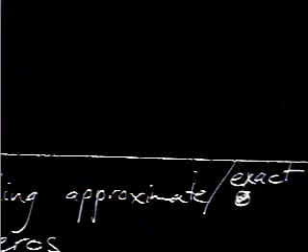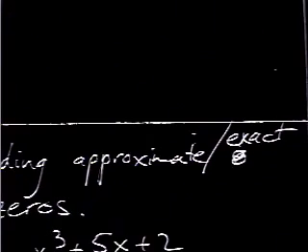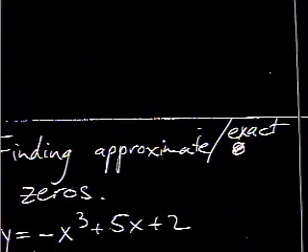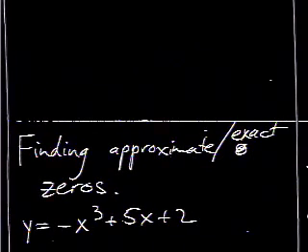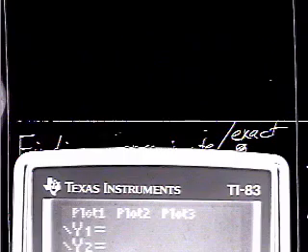Now, we want to be able to find zeros. Finding zeros of a polynomial function. So here we have an equation, and I'm going to go into my graphing calculator and I'm going to enter this equation.